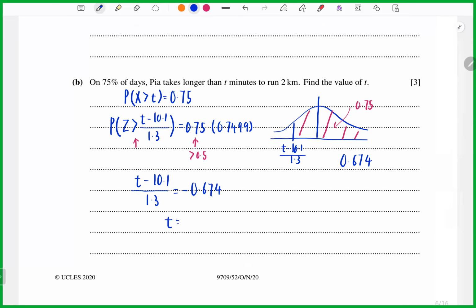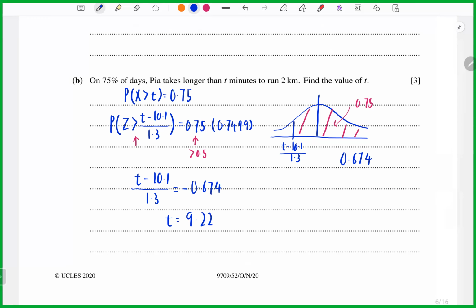So your t value will be 1.3 times negative 0.674 and then plus 10.1, which is 9.22 minutes. So that is your answer for the 3B.